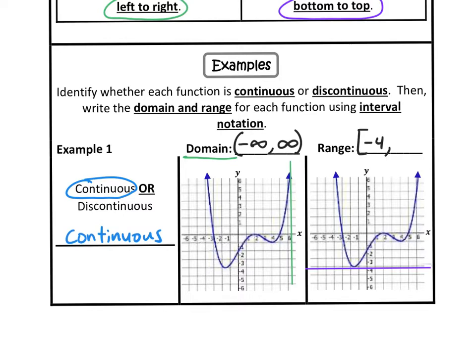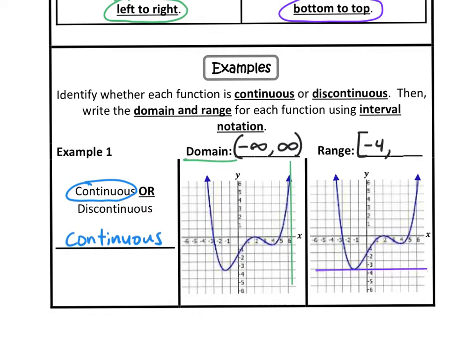Okay, and then we're going to keep rolling this horizontal line. Our starting point was -4, and as we're going towards the top, how far up does the graph go? The arrows mean infinity.